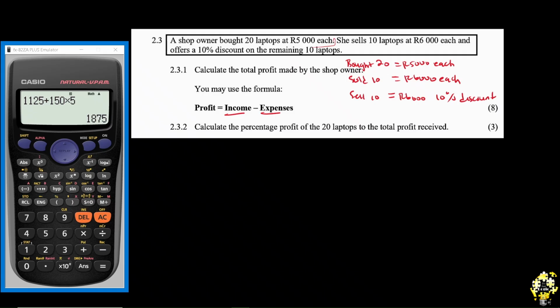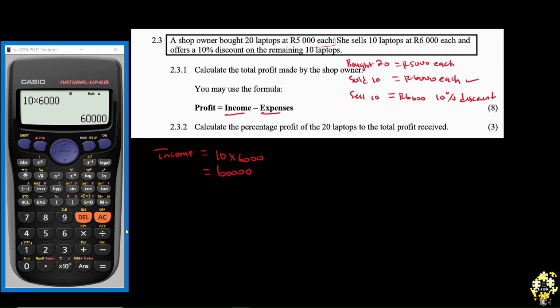So let's start with income. We sold 10 at a selling price of 6,000. So if you sell 10 for 6,000 each, you get 60,000.